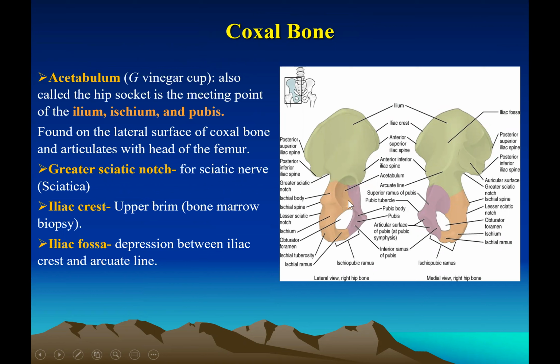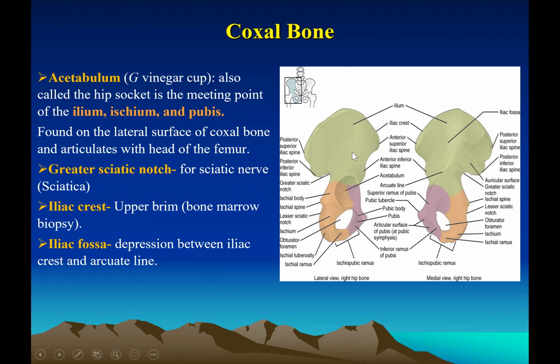It's called the acetabulum, from the Greek word for a vinegar cup that they used in those days. This is the junction of the three bones, the ilium, ischium, and the pubis, and it is found on the lateral surface of the coxal bone. And the head of the femur is going to articulate here.